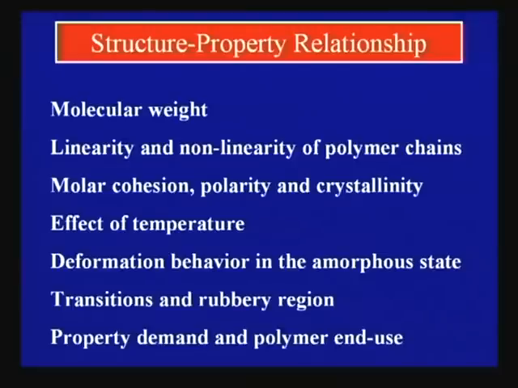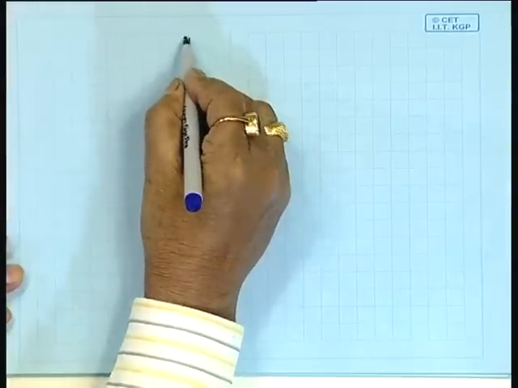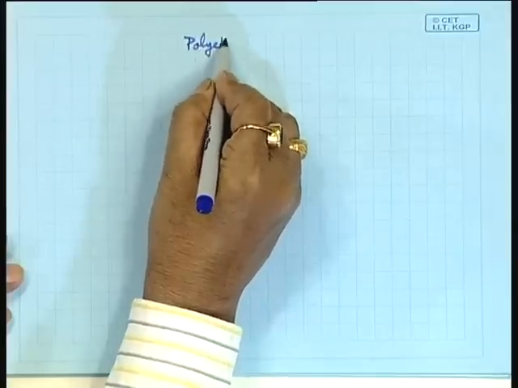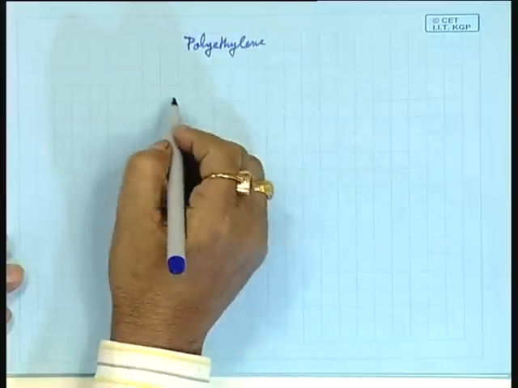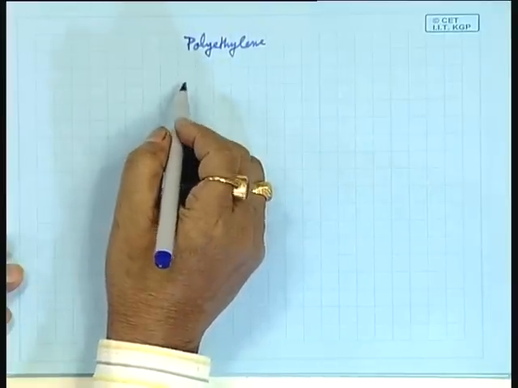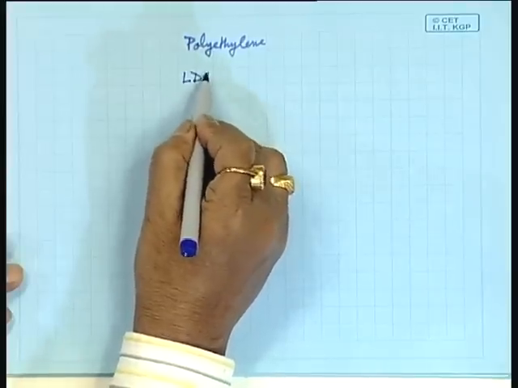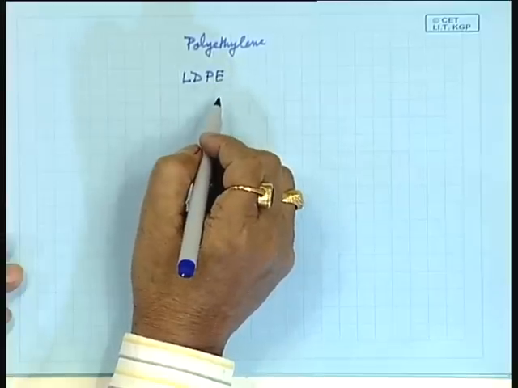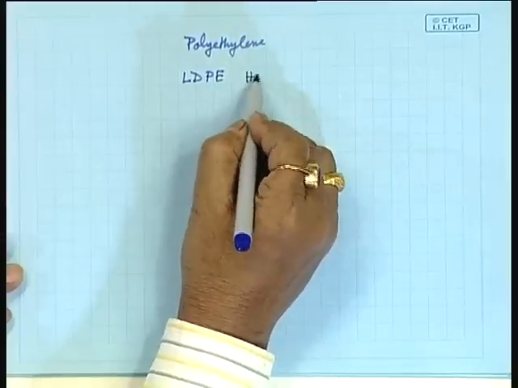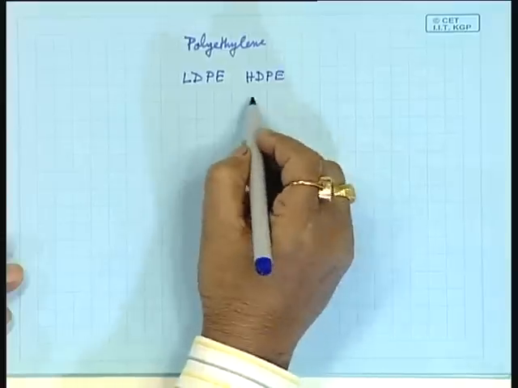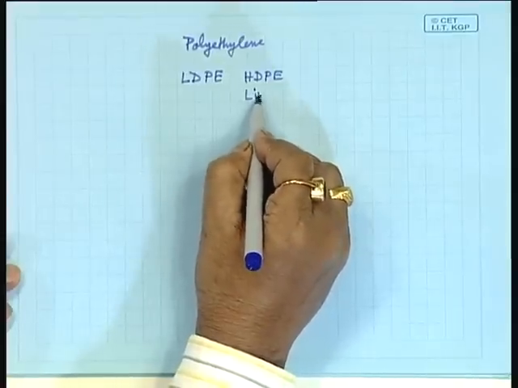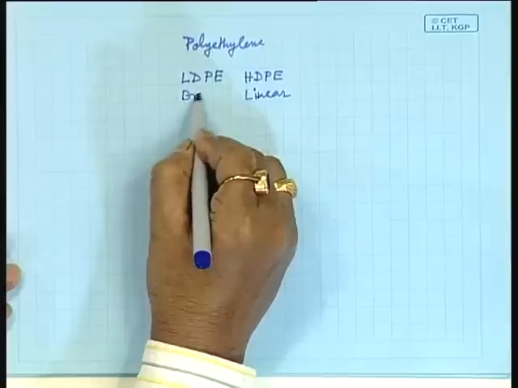For example, take the simple example of polyethylene. How many different grades are there? As I mentioned, LDPE and HDPE, low density and high density. Now, this is a linear polymer, this is a branched polymer.